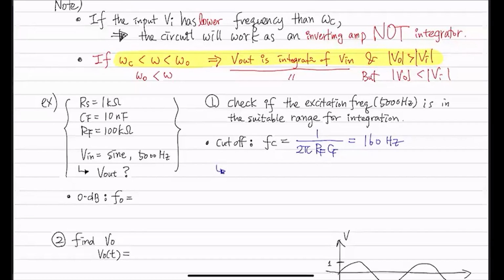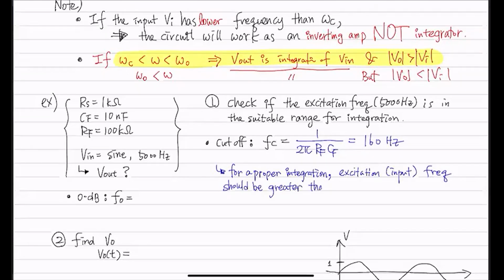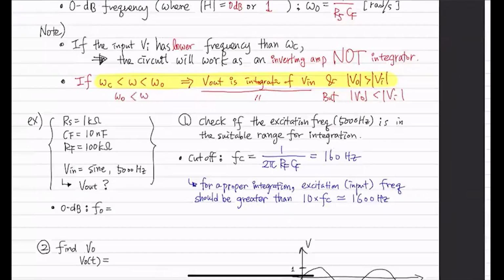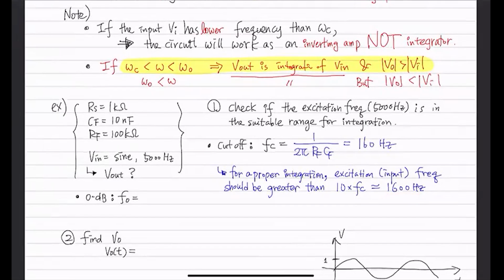And for a proper integration, the excitation frequency, or the input frequency, should be greater than 10 times FC, which is 1,600 hertz. I'm talking about this point here. If we had the luxury to pick a narrow range that provides the best result, this is the frequency you want to pick, and that's 10 times your omega C or your FC, and that happens to be 1,600.